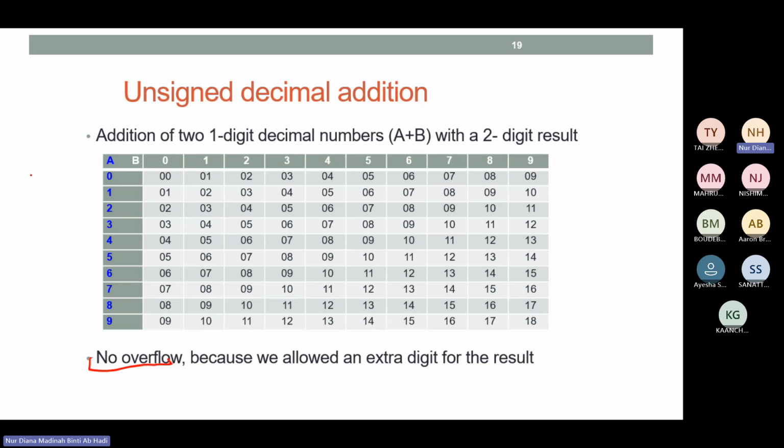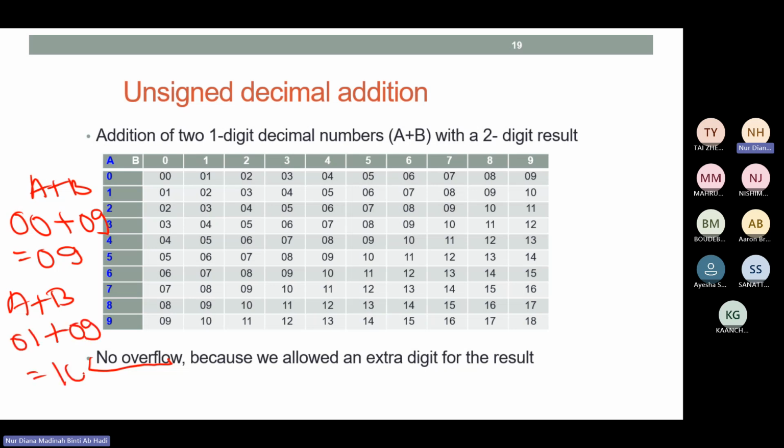We do not have an overflow because we allow an extra digit in the result. So when we say A plus B, it means 0, 0 plus 0, 9, so you will get 0, 9. If I say A plus B, 0, 1 plus 0, 9, we will get 1, 0. So there would be no overflow.